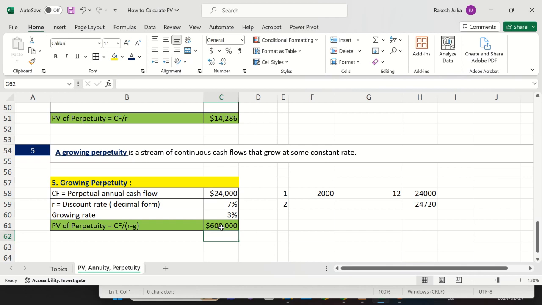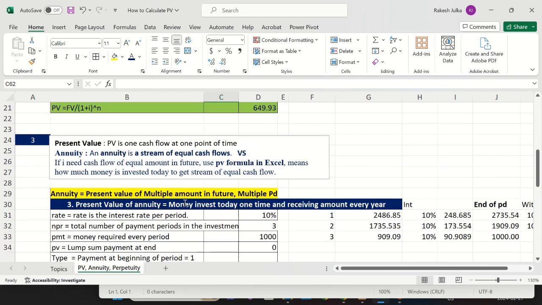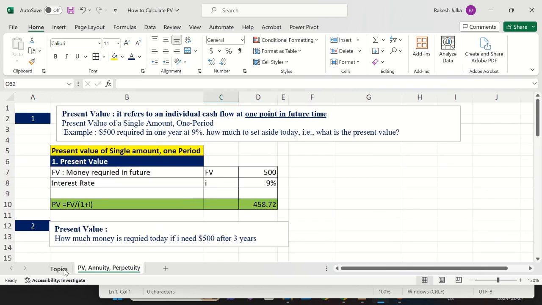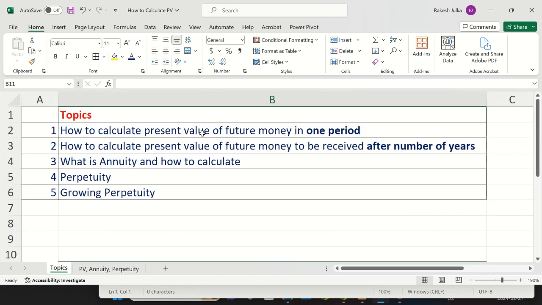We will keep it aside, meaning we're going to invest it maybe in the bank, where the investor will be able to get a 7% return plus the growth of 3% every year to meet the inflation effect. So this is how we can calculate the things that we have learned today: calculation of the present value, then calculation of the annuity, perpetuity, and growing perpetuity.